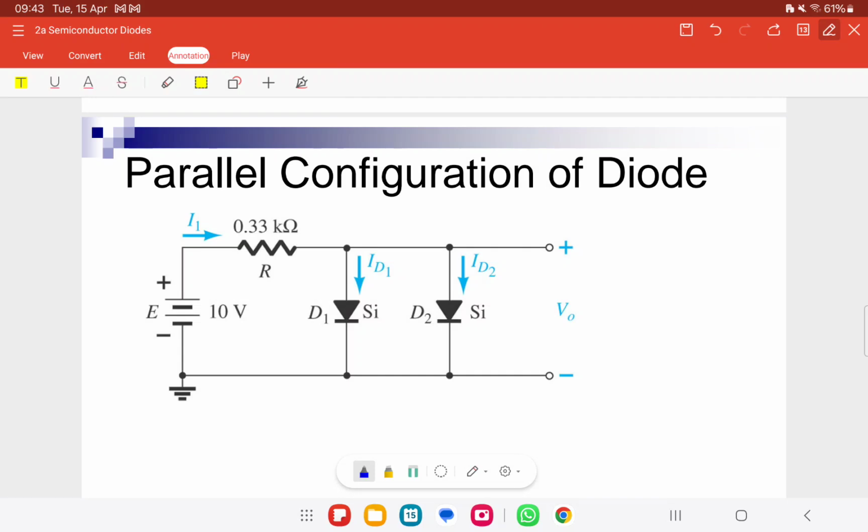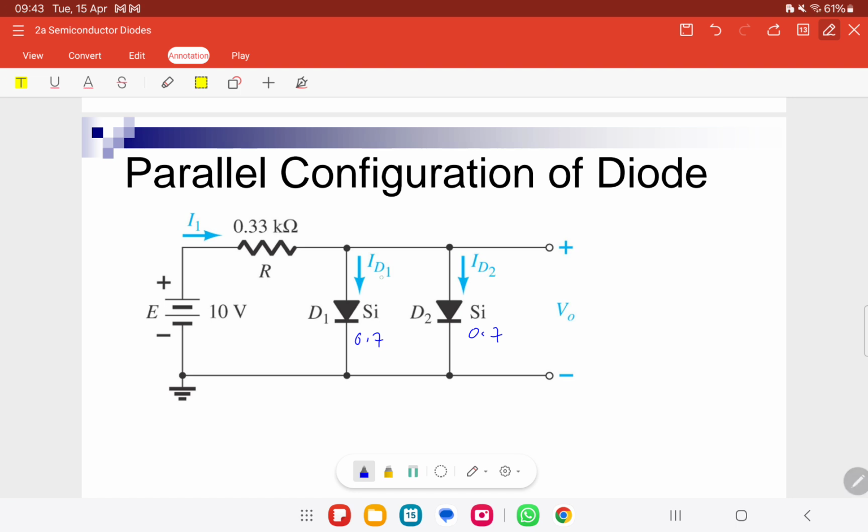Okay, so now we want to go for parallel and series. This is when we have parallel diode. Ada dua. When we have two parallel diode, kalau ada dua macam ni, this is 0.7, this one is also 0.7. If we have the same voltage of the diode, the current will flow in both directions.